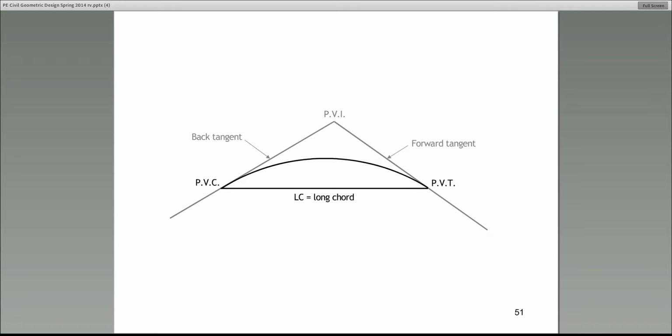And let me tell you, here we have a parabola. All right, so write it down, please. Vertical curves are parabolic curves. All right, so it's a parabola. And here, the nomenclature that we need to remember, the point where the first alignment ends and the vertical curve begins, that we call PVC.